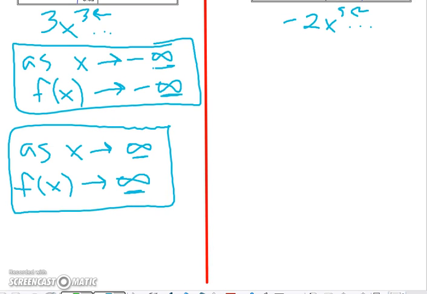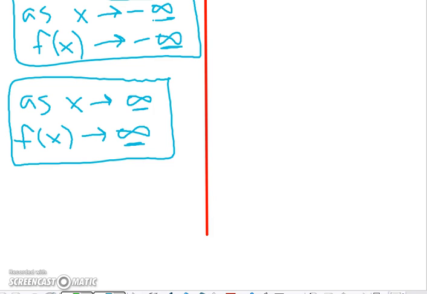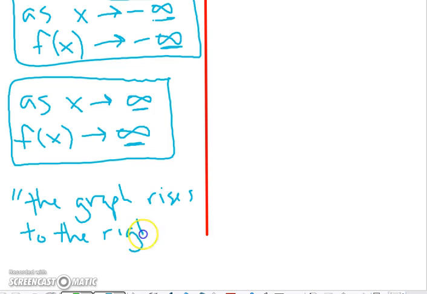So the final statement that we would say is that the graph rises to the right and falls to the left.